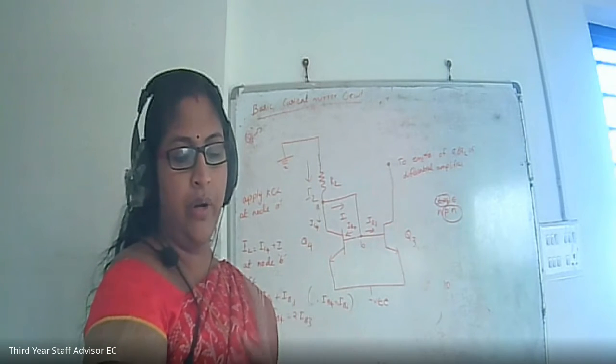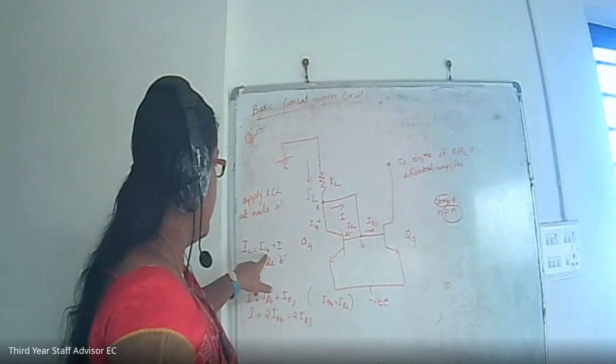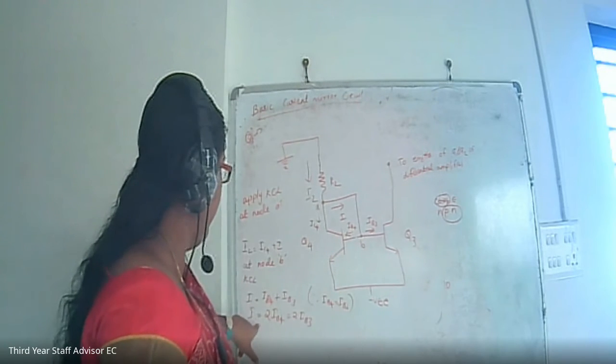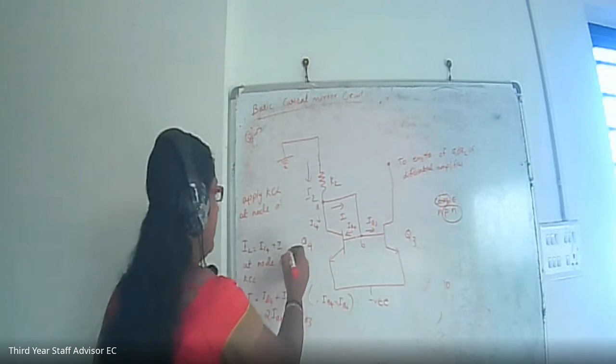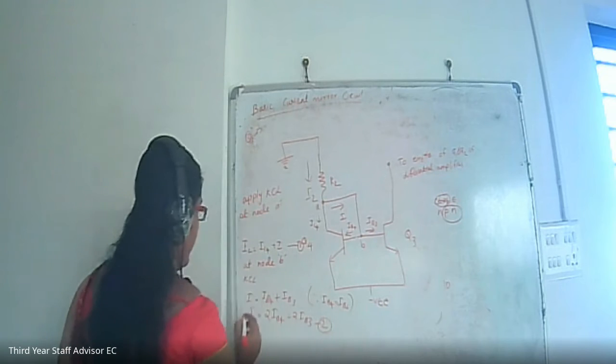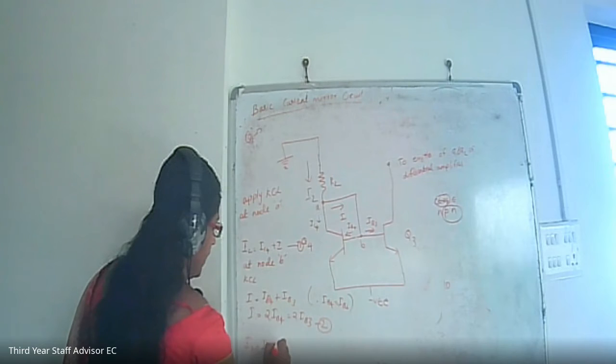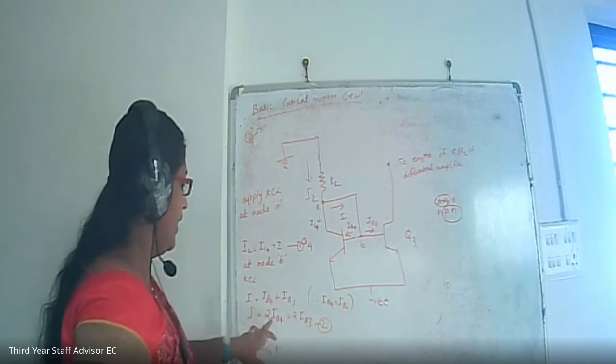So how can you write I2? We have the equation I2 equal to IC4 plus I. Instead of I, what can we write? See, you can number this equation as 1 and the other equation as 2. So we have I2 equal to IC4 plus, instead of I, equation number 2.